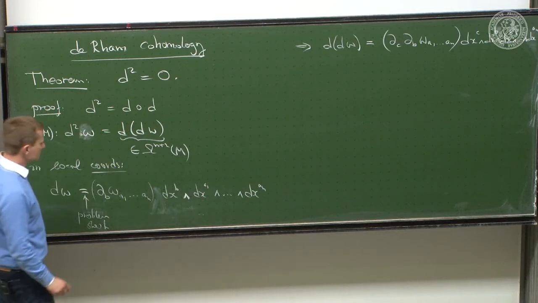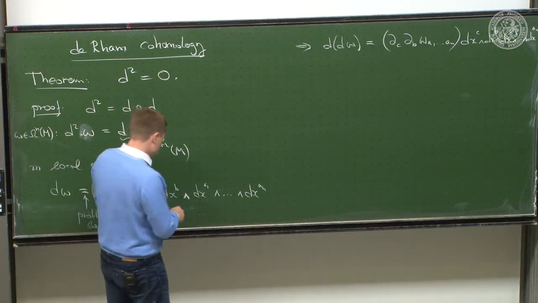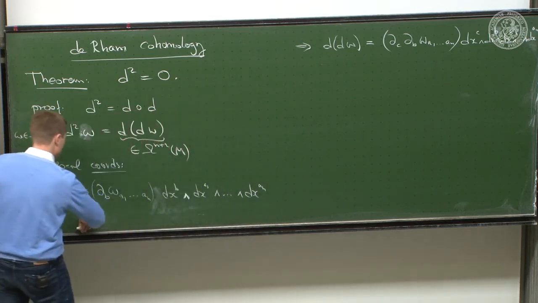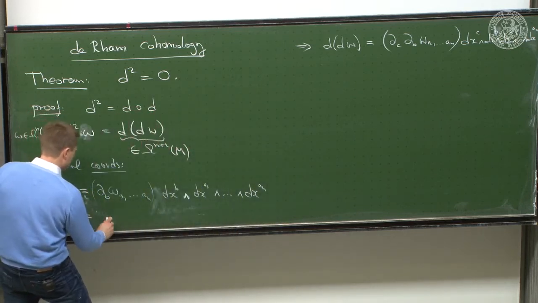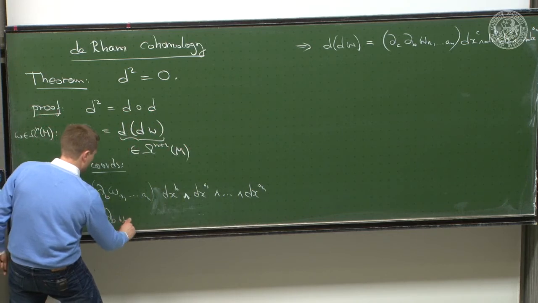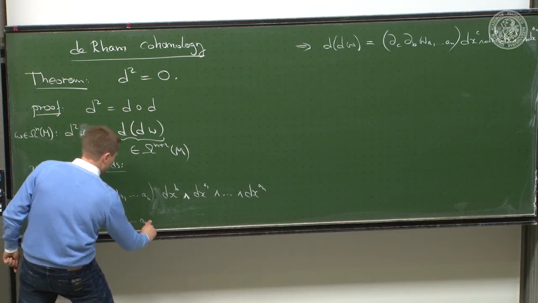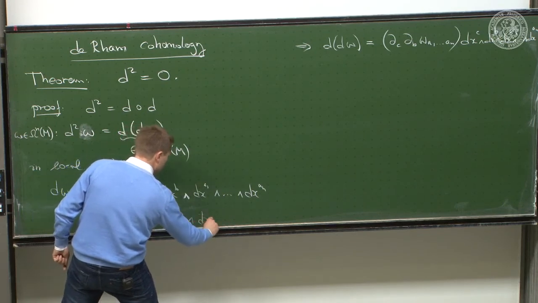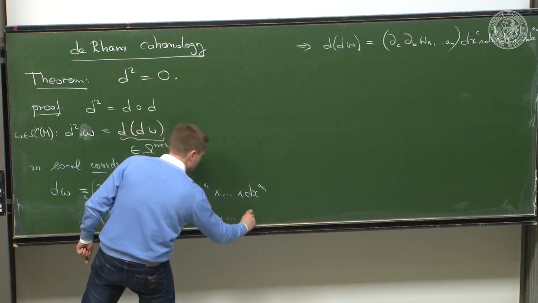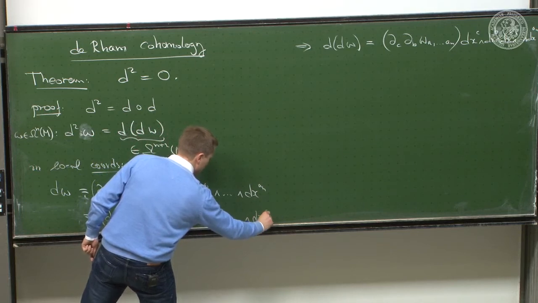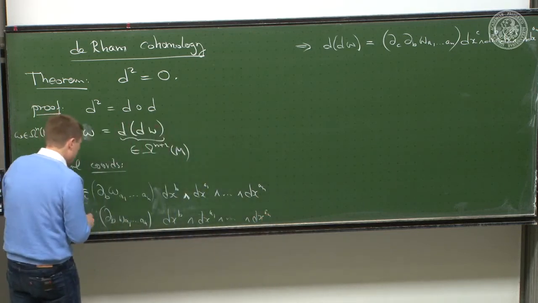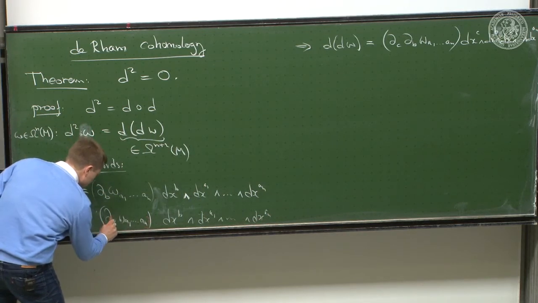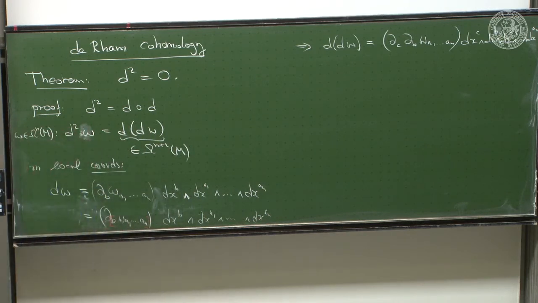Now, if you have such a situation, then it actually turns out that this is the same as, and I write it down only once, omega a1 to an, dx^b, so I copy the expression dx^a1 wedge dx^an. It's the same whether I put antisymmetrization brackets here or not.